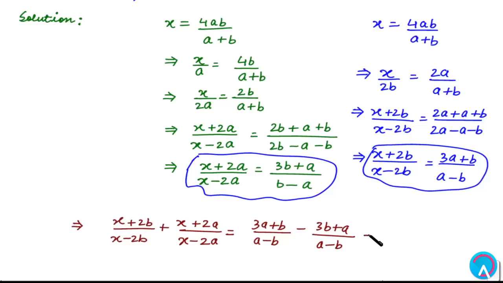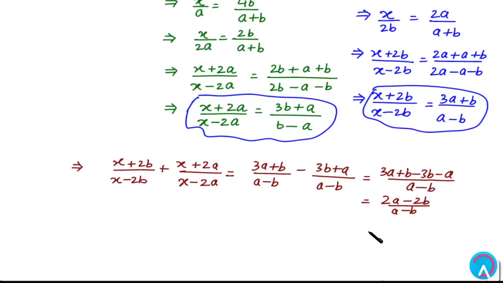So this will be equal to, taking the LCM, a minus b, and this will be 3a plus b minus 3b minus a, which is equal to twice a minus twice b over a minus b, which will be equal to, if we take 2 out from the numerator, 2 times a minus b over a minus b.